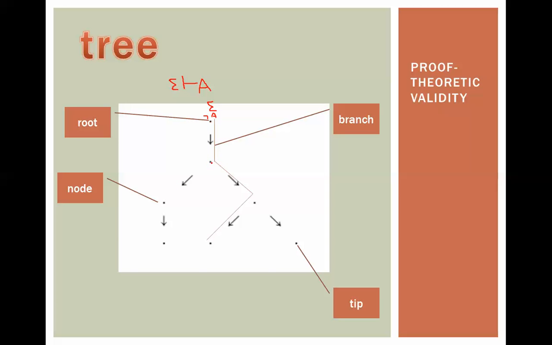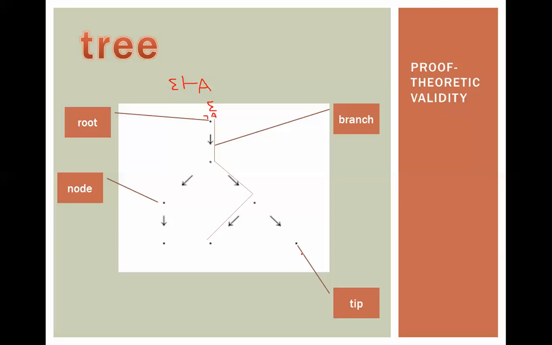At each stopping point, each time you write something, you'll have a node. We'll call them nodes, these little dots right here. You won't have dots, there'll be formulas there. And each one of these little arrows will be a branch. A lot of times we'll just get rid of branches that go straight down, but for these, we'll draw the branches. When you get to the very end and you can't get any further, that's the tip.